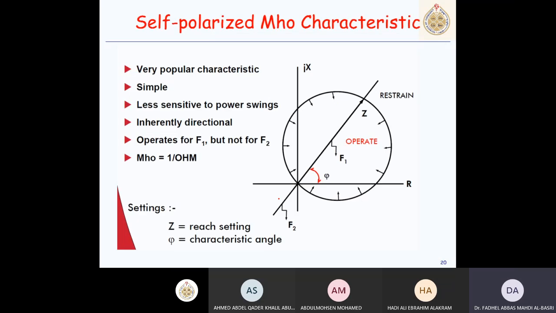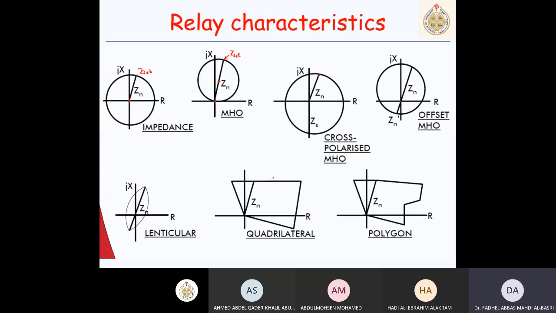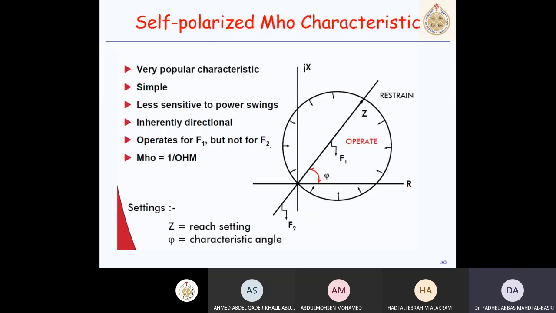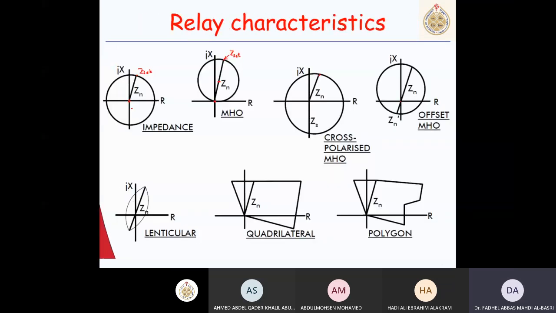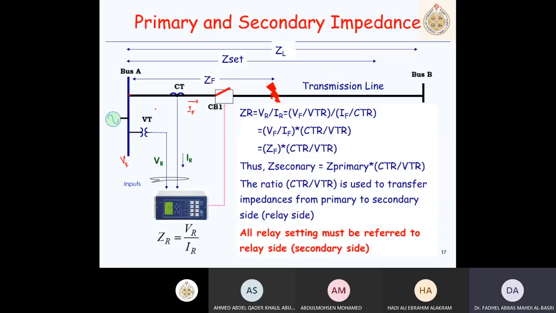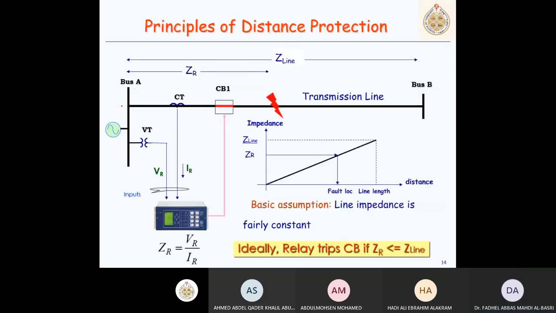So why do we have different types of characteristics? Each has advantages and disadvantages. I'll go for the impedance characteristic. The impedance characteristic cannot be used on its own because it doesn't differentiate forward or backward.